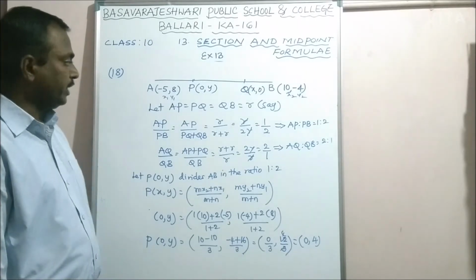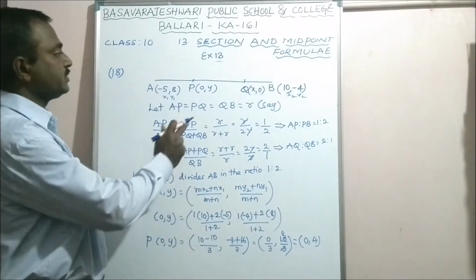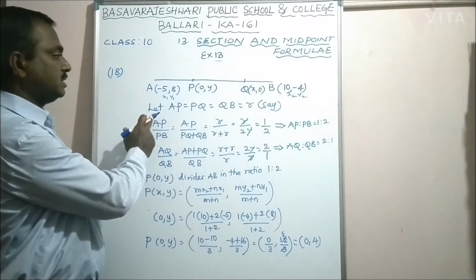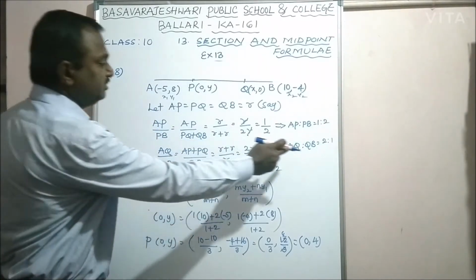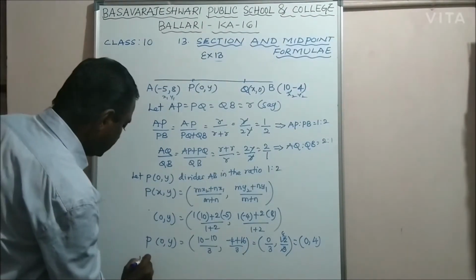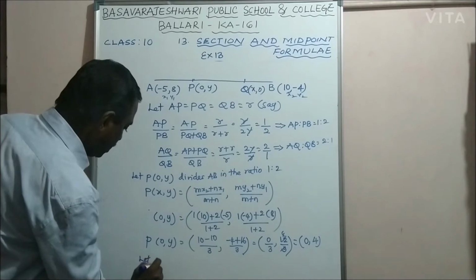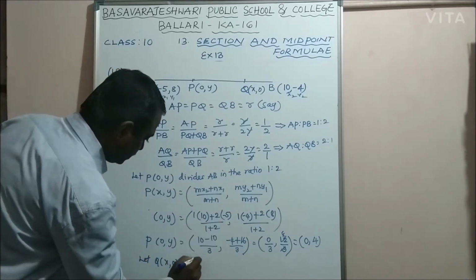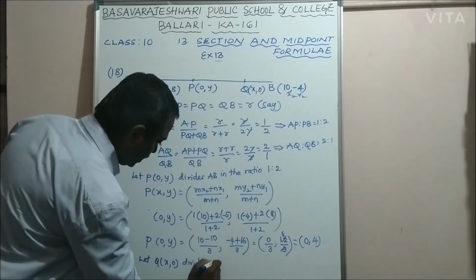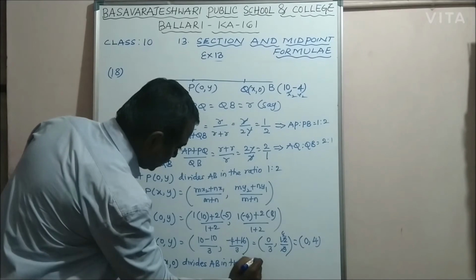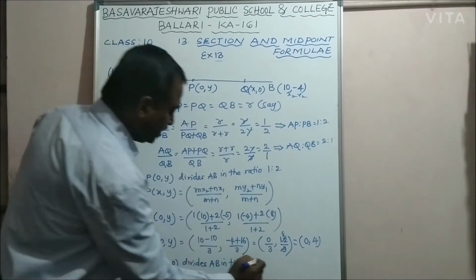Similarly, we have to find out the coordinates of Q. Q divides AB in the ratio 2:1. You can write here that Q of x, 0 divides AB in the ratio 2:1.